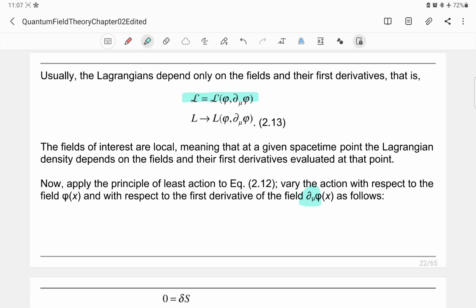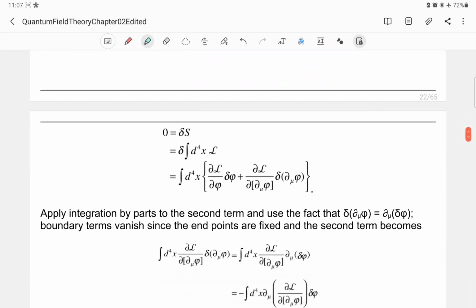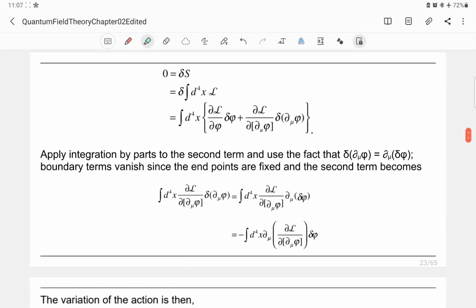So our action, I mean the change of the action, should be equal to 0, and then this is just equal to this one here. Or you can say that it is also written like that.